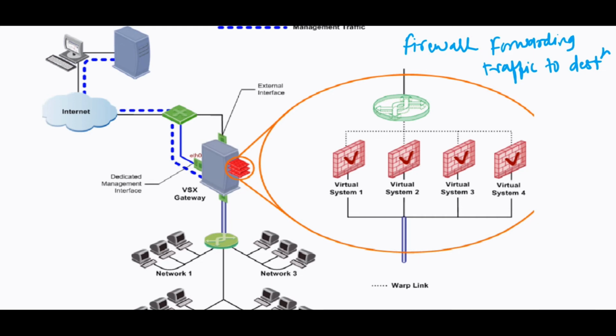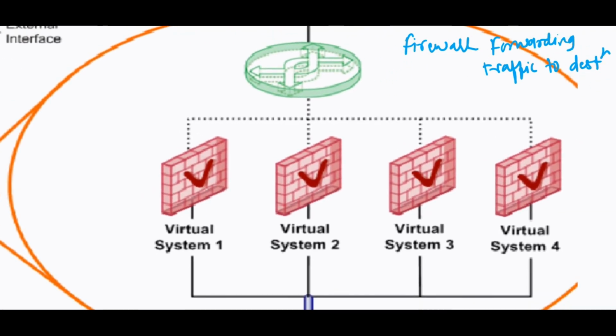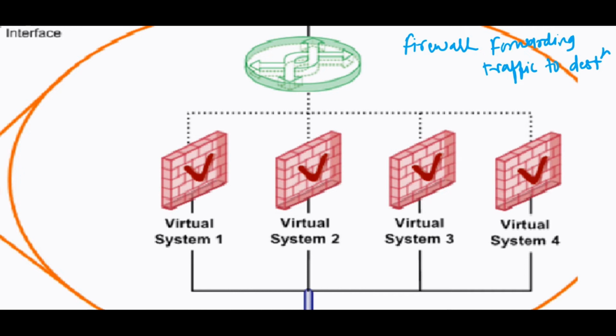As we all know, each virtual system maintains its own unique config. In that config you will have firewall rules, routing, NAT, and VPNs. Based on that, the traffic will be destined to their network.